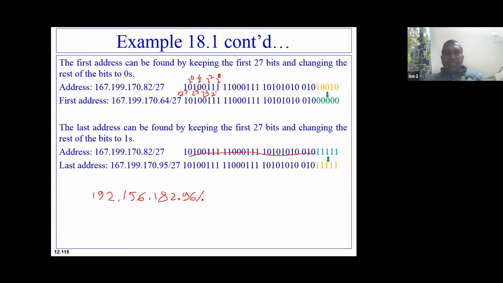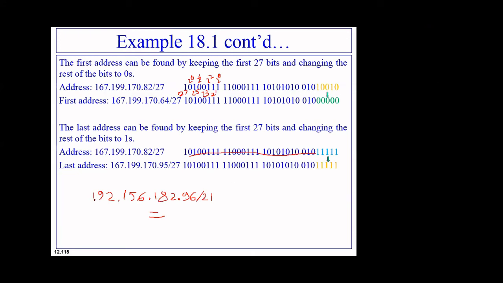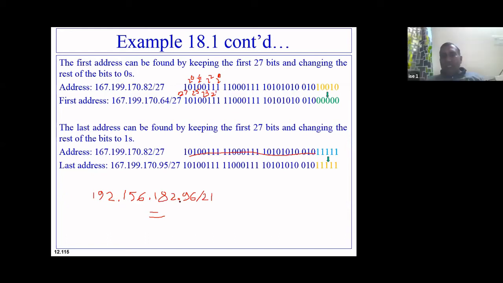You got the idea. 21 is there. Now you find the first address and last address for this. Everyone, you understood the question? That it is 192.156.182.96 and the length of prefix is 21 bits. Find the first address and last address.